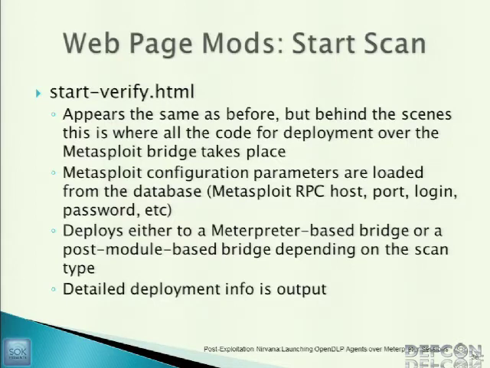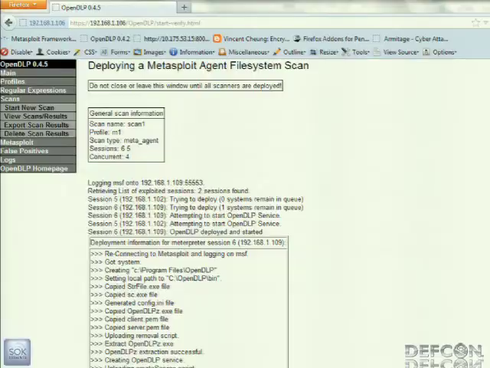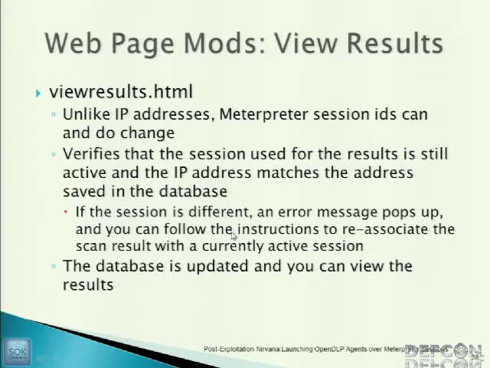And then I'll display a detailed output, so if it doesn't deploy correctly, you know why. It ends up looking a lot the same as Gavin's stuff. You see here, I guess you might not be able to see, but it found 2 sessions and it tried to deploy to both. It attempted to start, and then it started.